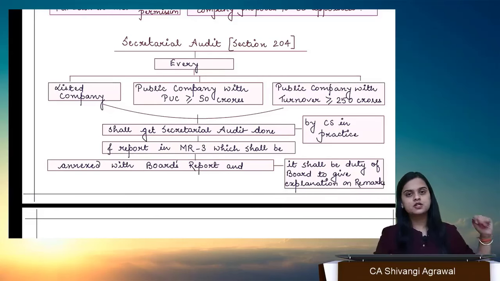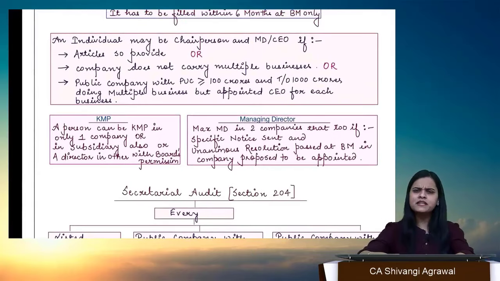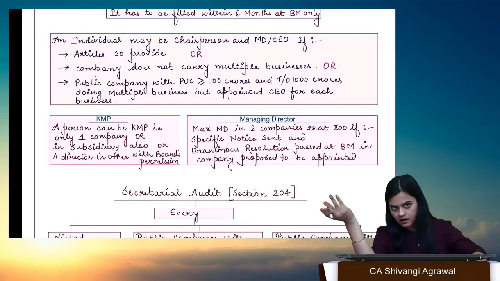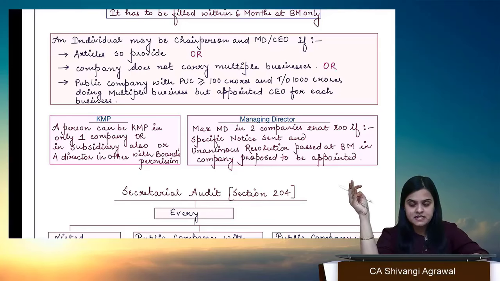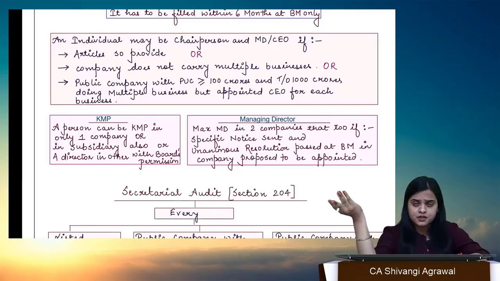After that, we have section number 205, which talks about the duties of the company secretary. What company secretaries have to do. See, company secretaries are the kings of compliances, right? So they have to check the compliances undoubtedly. They will guide the board of directors about the compliances. They will also be responsible for convening the meetings, obtaining necessary approvals, and presenting themselves in front of authorities or regulators.